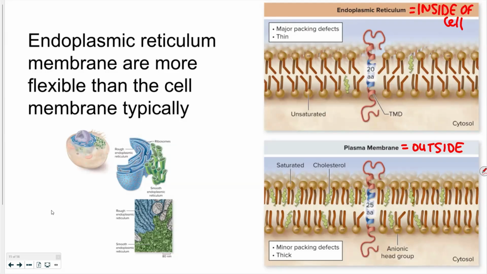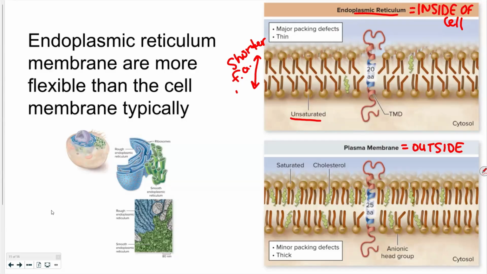So what is the Goldilocks fluidity for our endoplasmic reticulum? They have shorter fatty acid tails. I'm just going to do FA for fatty acid. Most of their fatty acids are unsaturated.